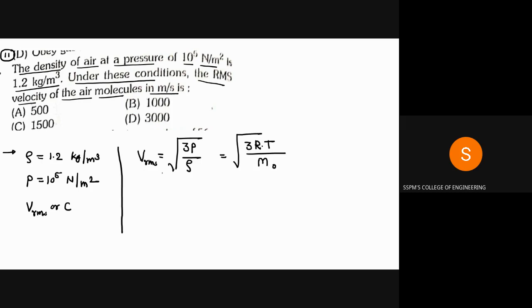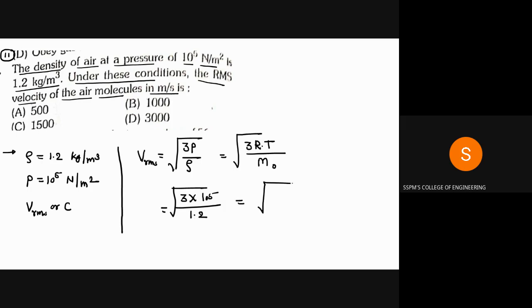Here pressure and density are given, so it is square root of 3 into p, where p is 10 raised to 5, divided by density 1.2.